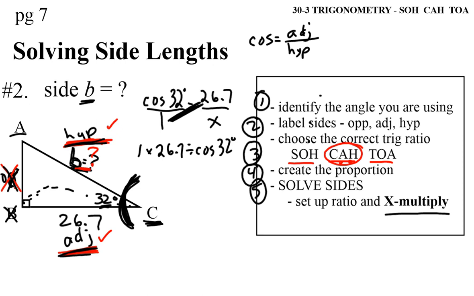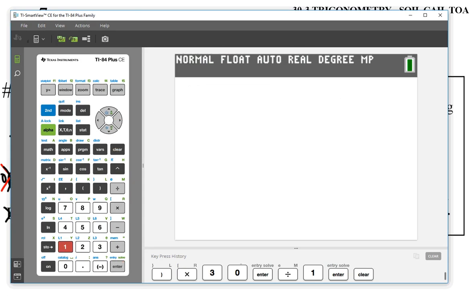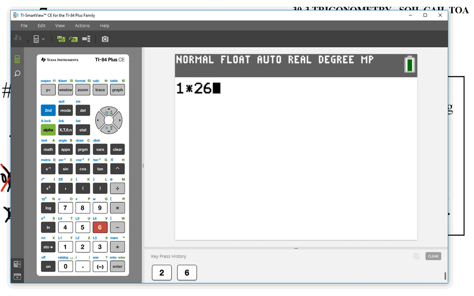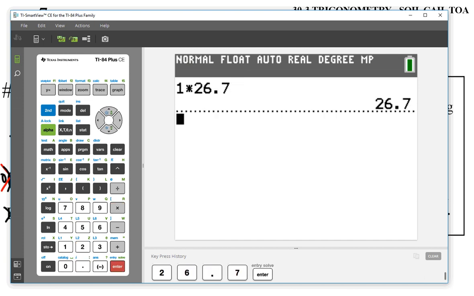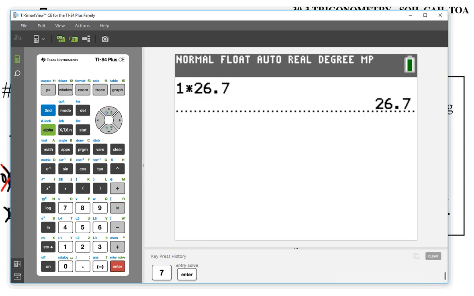Again, we don't have to use the second function because we're not finding an angle. So 26.7 and cosine 32. We have 1 times 26.7 equals, and then from there, we want to divide by the cosine 32.